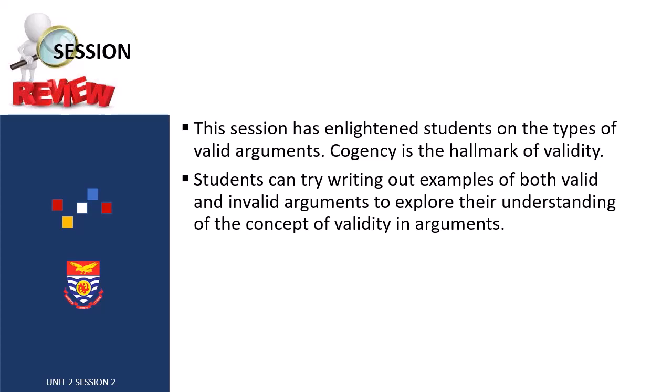Take note of the valid argument with false premises and a false conclusion, valid argument with true premises and true conclusion, and also even the possibility of a valid argument with one false premise but a true conclusion and a true premise. Check out an invalid argument with all true propositions, meaning all true premises with a true conclusion.